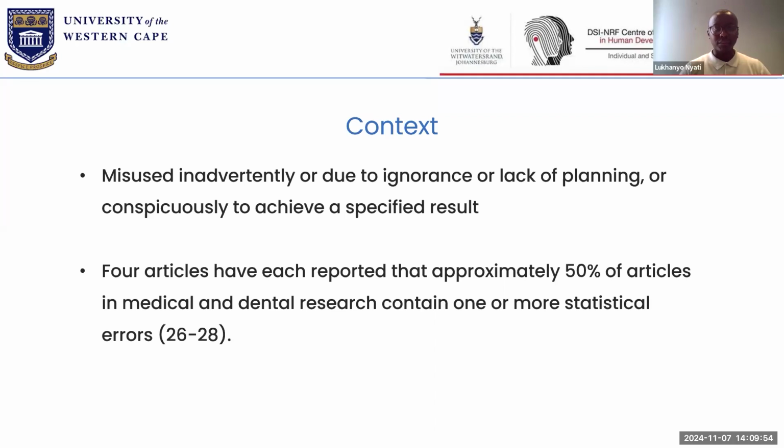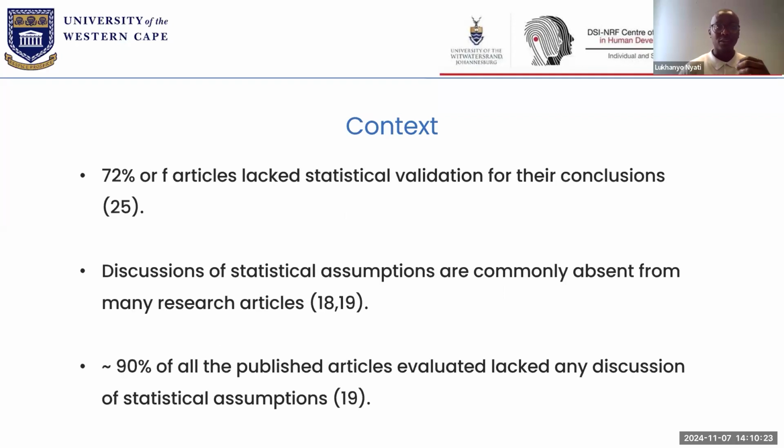In a review, articles reported that about 50% of articles in medical and dental research contain one or more statistical errors. And this is a huge issue, in that the research that we're presenting has errors, and what does that mean? What is the implication of that on the results and the findings that we make from the studies?